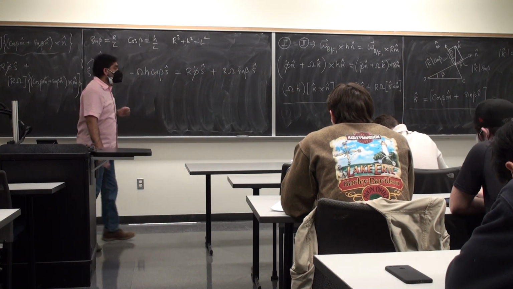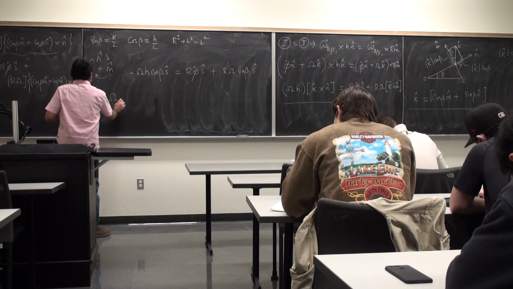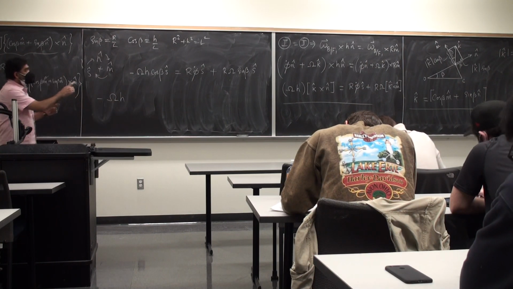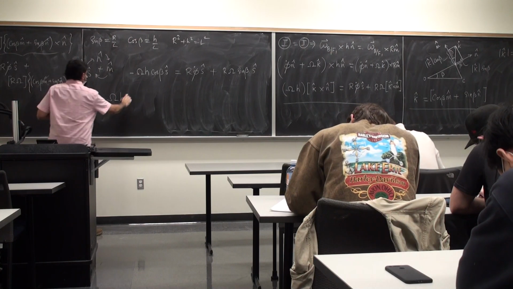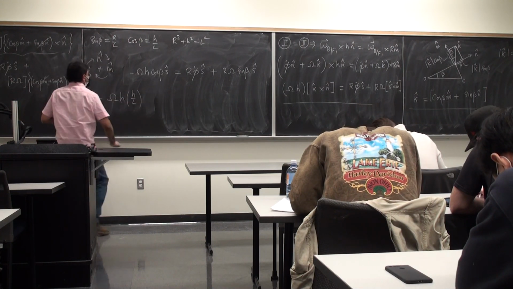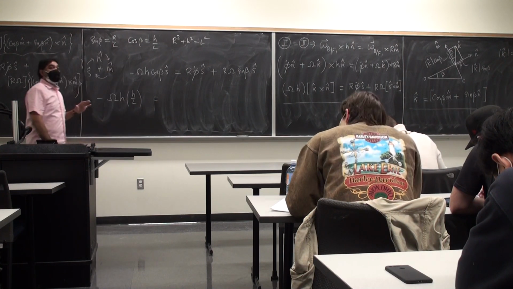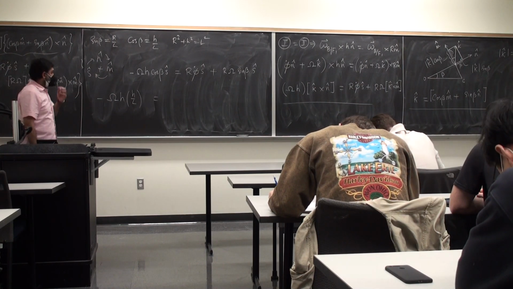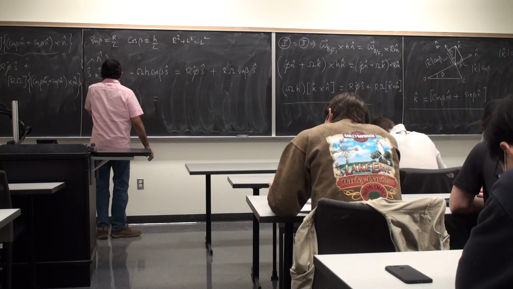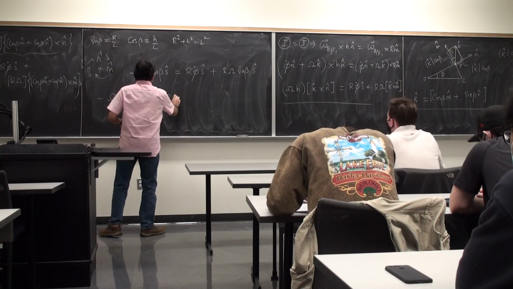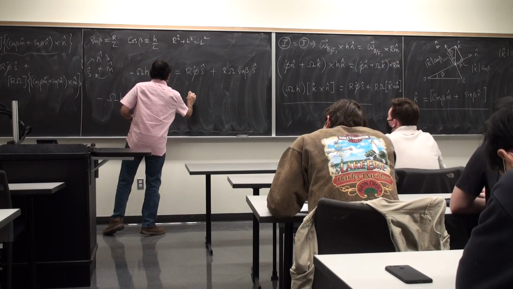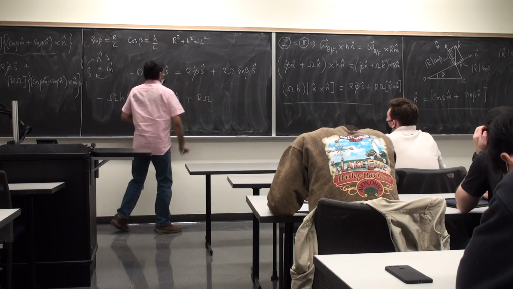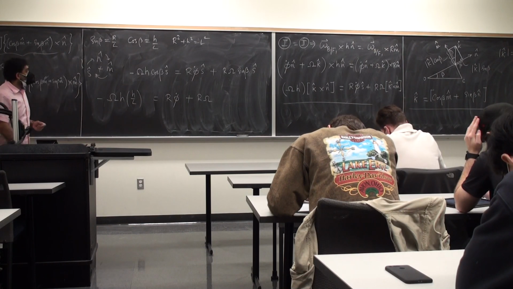Okay? So let me do that next. So that's minus omega h cosine beta, instead of that I'm going to write it as h by L. Now I'm equating the components, so I'm not going to have the s hat coming into the picture. Okay? This is equal to r phi dot plus r omega sine beta, which is r by L.